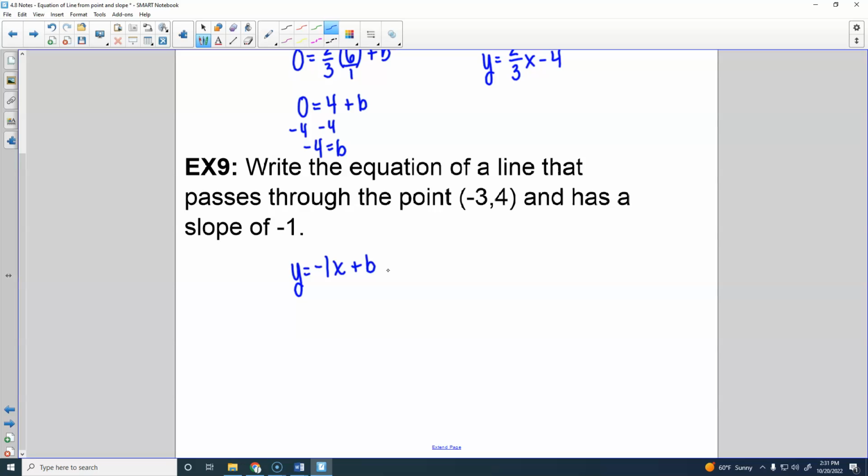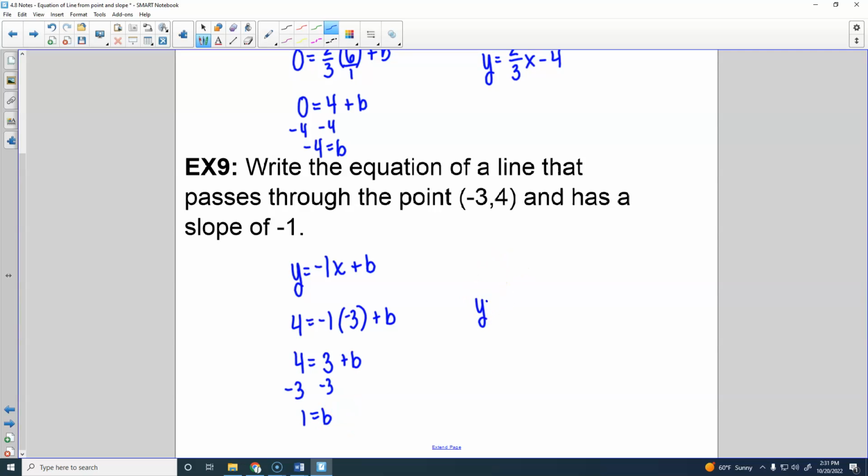What can I plug into that? Good. All right. -1 times -3 is going to give me 3. And then what's the last step I need to do there? Good. So that gives us 1 for our y-intercept.